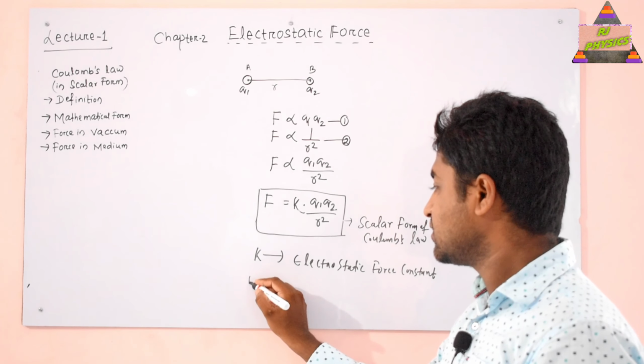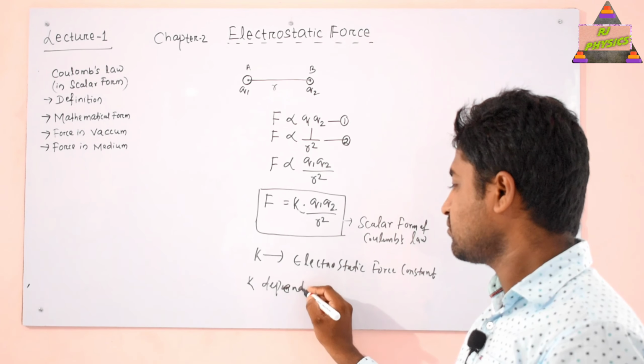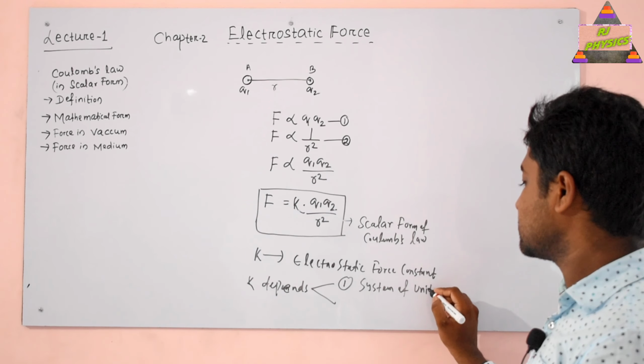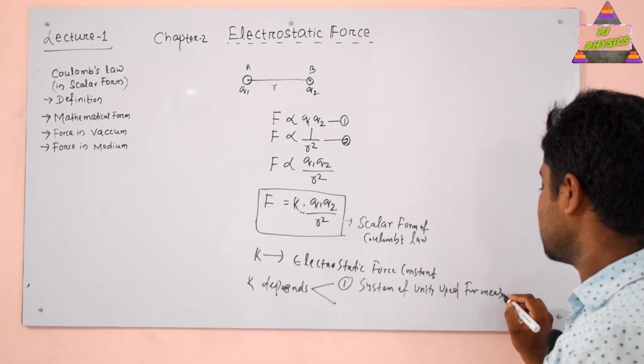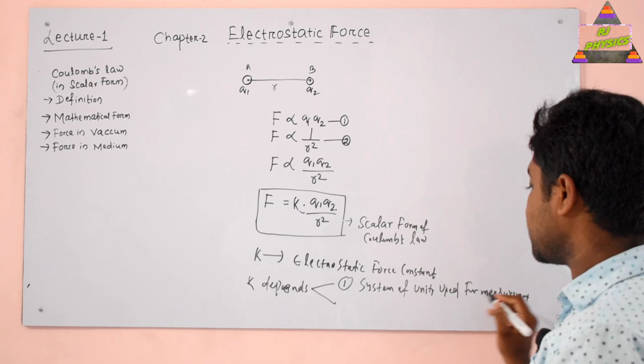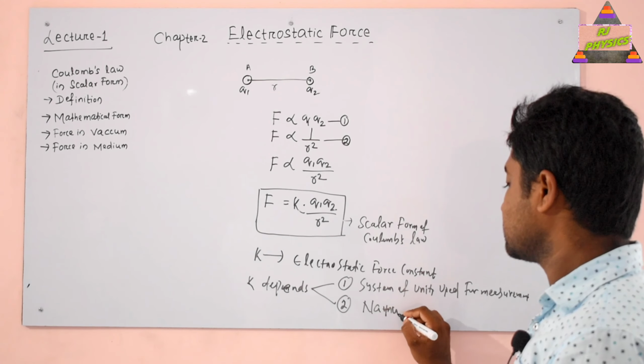One is the system of units used for measurement, and the second one is the nature of the medium between the two charges.